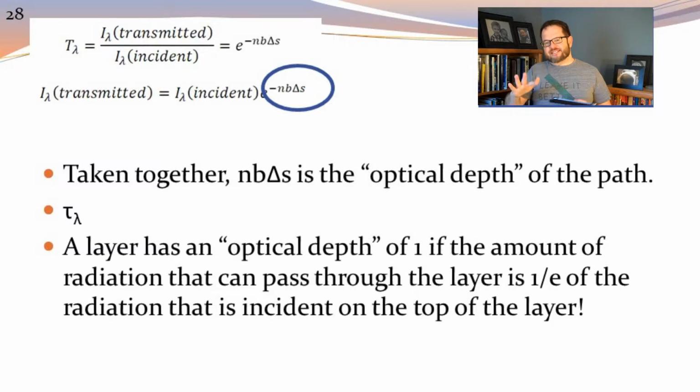Think of it as sort of like that, except it's a different number. It's 30%. It's how far through the material you have to go for only 30% of the radiation to still be transmitted through it. But it's just a measure of how good a layer is at resisting the flow of radiation, the opposite of transmitting the radiation.